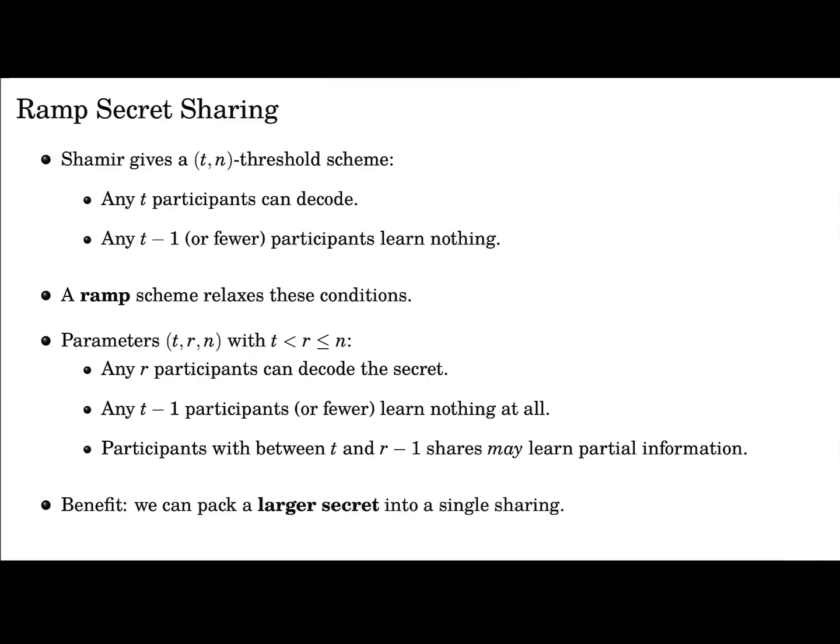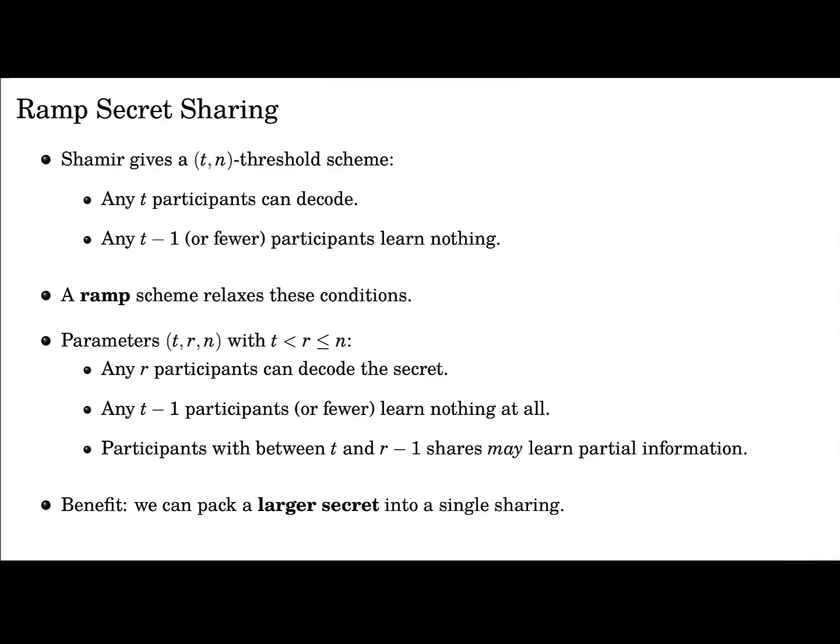If the number of participants is in between T and R minus one shares, then they may learn partial information. So there is a middle region: small groups learn nothing, large groups recover everything, and groups in the middle may learn something, but not necessarily the whole secret.